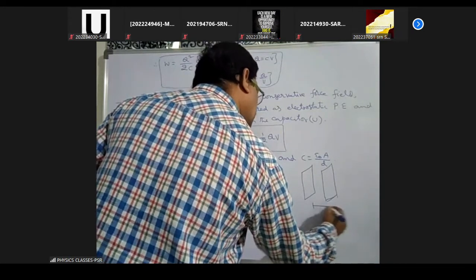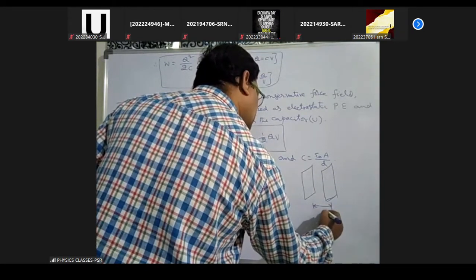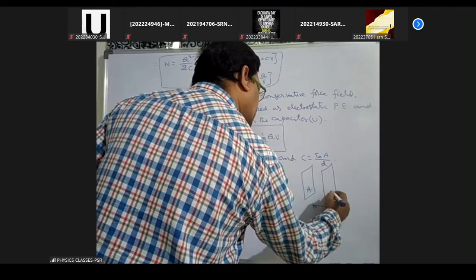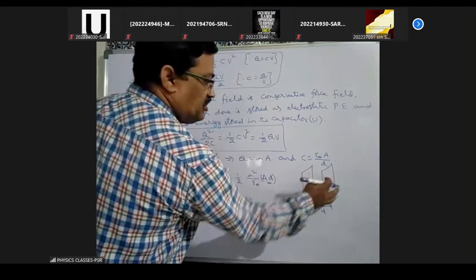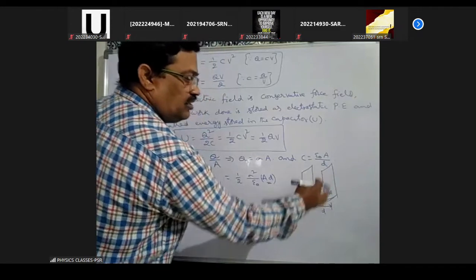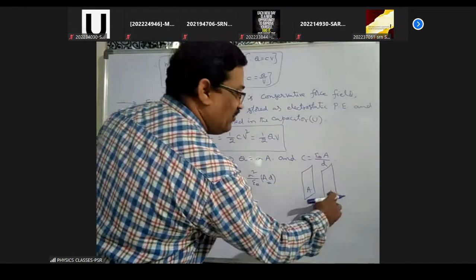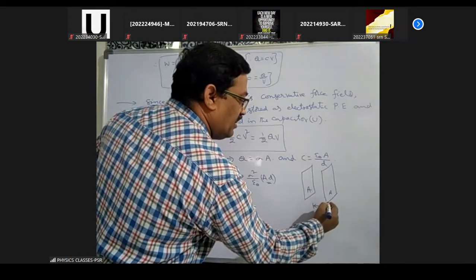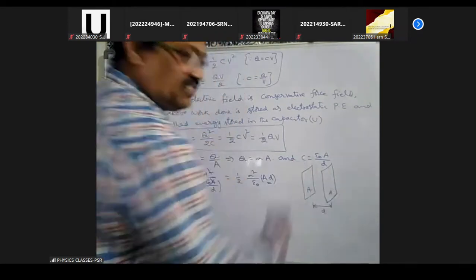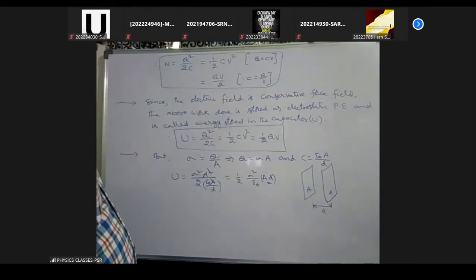The separation between the plates is d, and the area of each plate is A. So A into d is equal to volume. Volume, very good. Volume of space between the plates, or electric field.